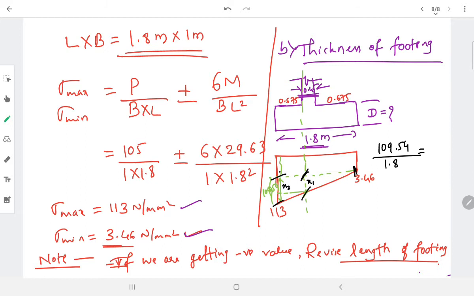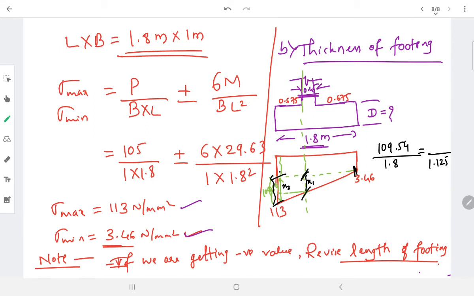This width is, so I'll calculate 0.675 plus 0.45. It is 1.125.